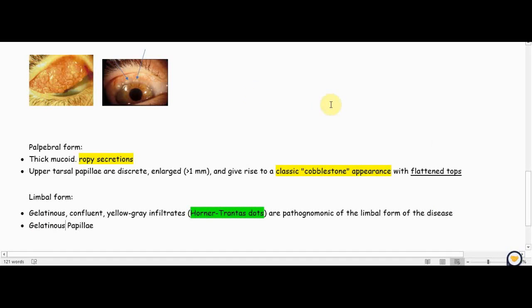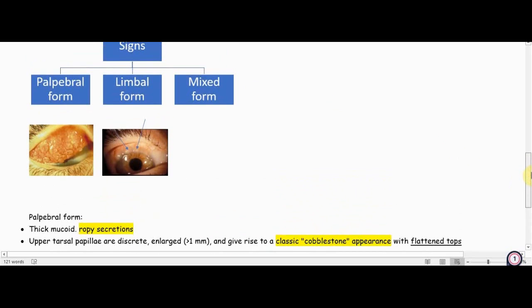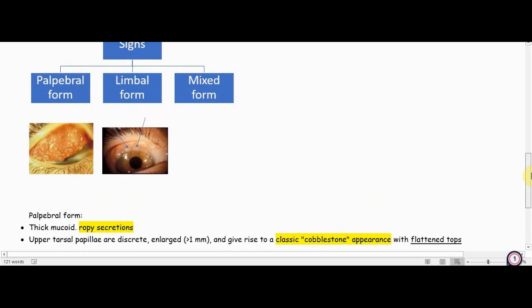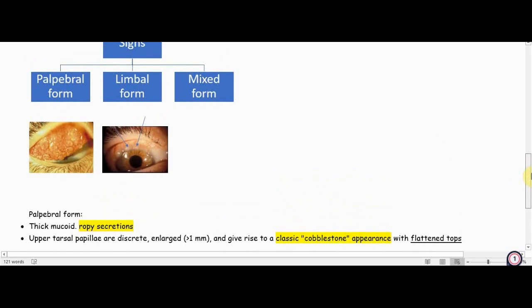In addition to the palpebral type, in which you will see the classic cobblestone appearance of the upper conjunctiva on eversion of the eyelid, there is also the limbal form, in which you will see white superficial spots around the limbal conjunctiva which are discrete, called Horner-Trantas spots, and you will also see gelatinous papillae around the limbus. In the first case you will also see thick mucoid ropey secretions.